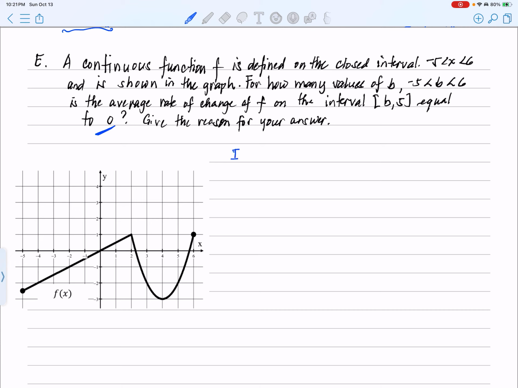So if the average rate of change equals 0, what would the graph be?